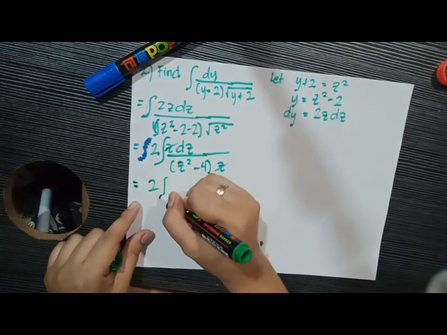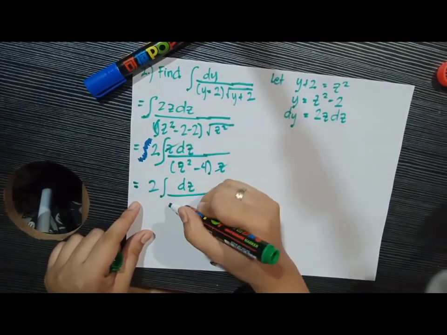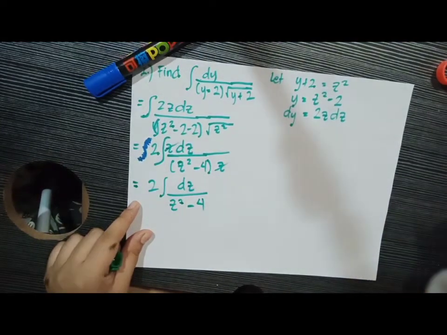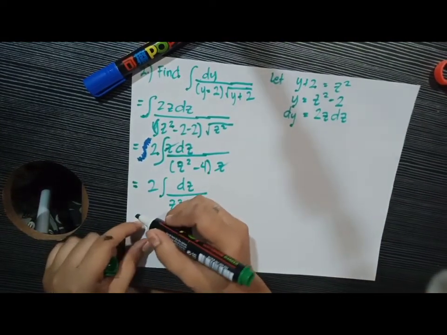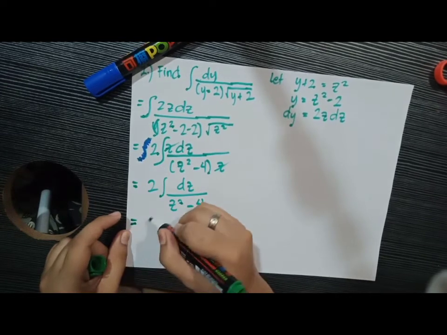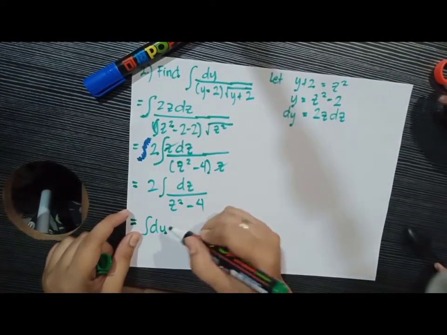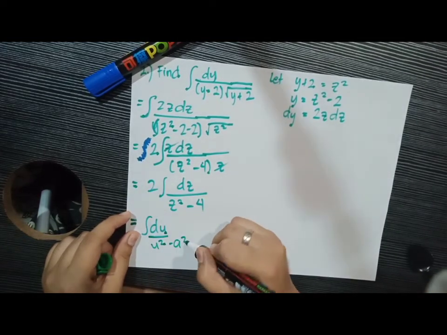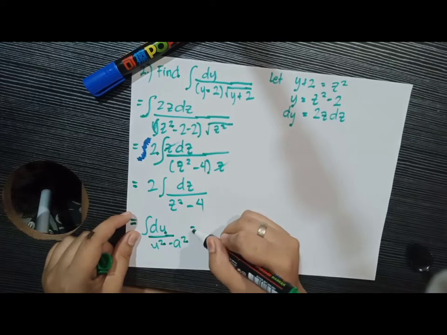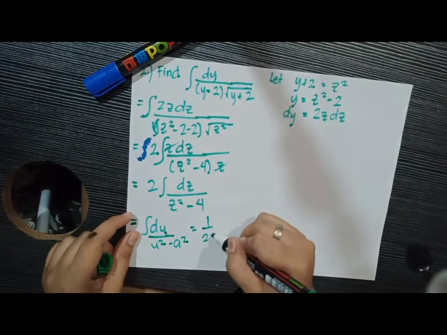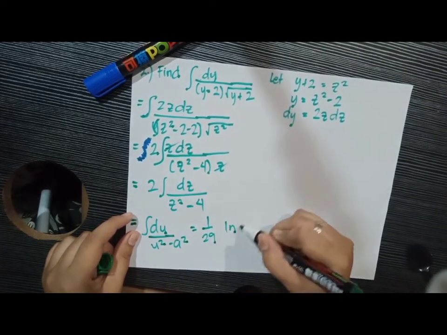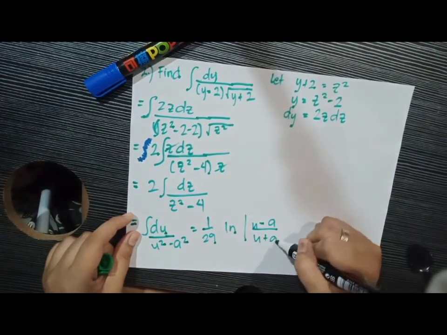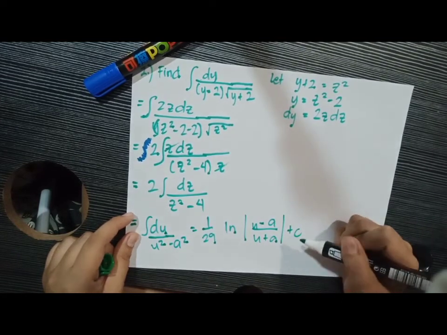We have 2 times the integral of dz over z squared minus 4. Using the formula of the integral du over u squared minus a squared equals 1 over 2a ln of u minus a over u plus a plus c.